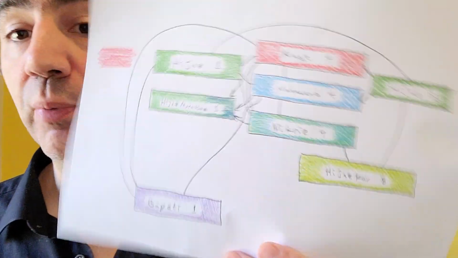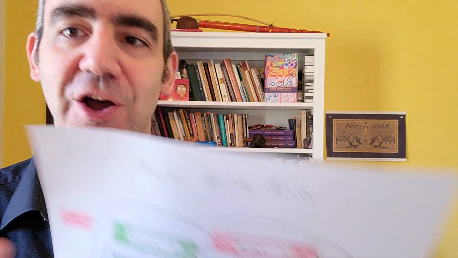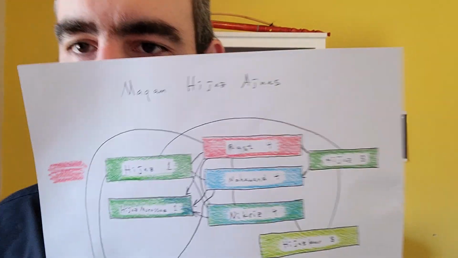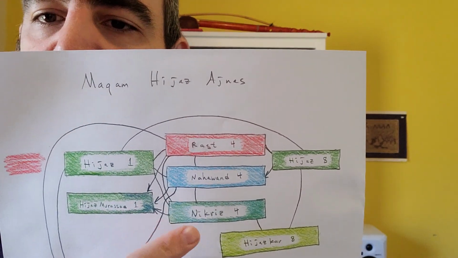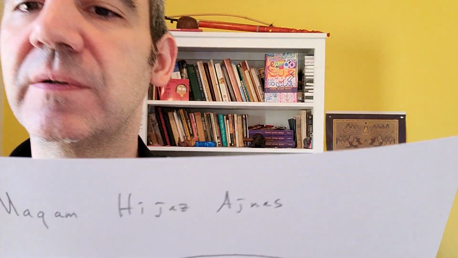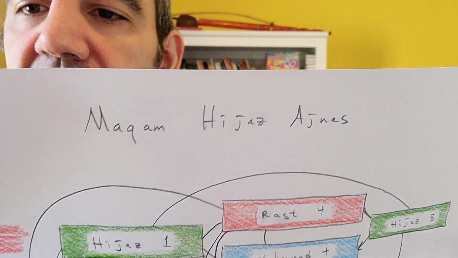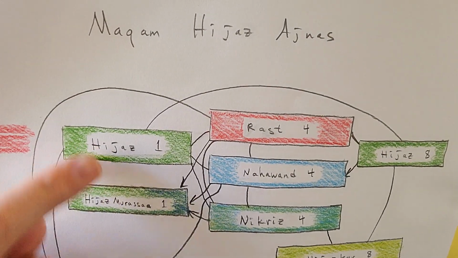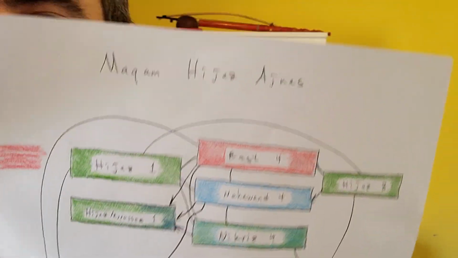This graph is what is in the brain of every musician who has experience. They're not thinking about it in these terms necessarily. But that possibility of going to Nikriz, Rust, Nahawand, alternating back and forth so quickly, and then eventually resolving back to Hijaz. Let me do something like that.